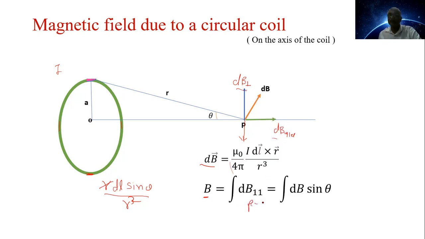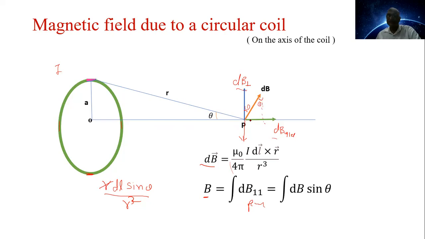These are parallel components. dB parallel means, now see in this figure, the components like this. dB parallel means dB sine theta. If we resolve this, then from the geometry this angle is theta, and again we get this angle theta here.